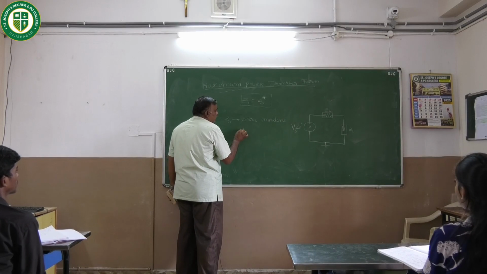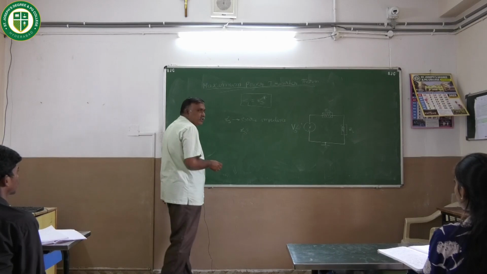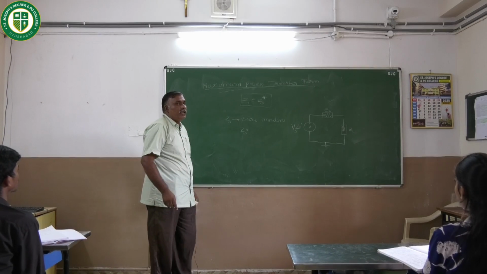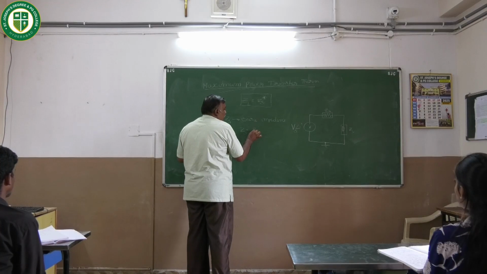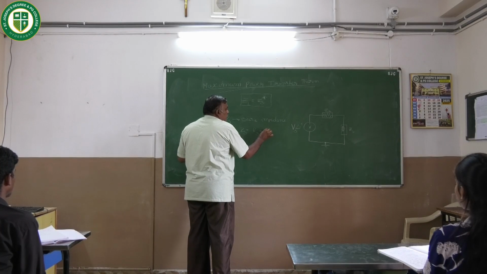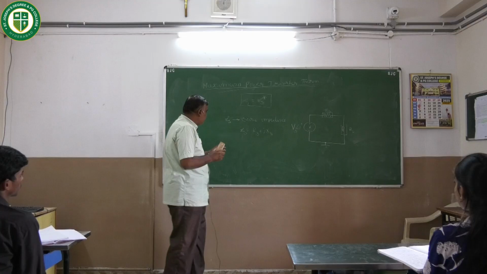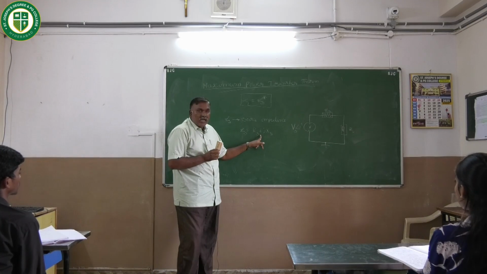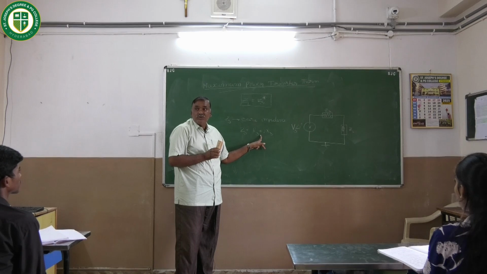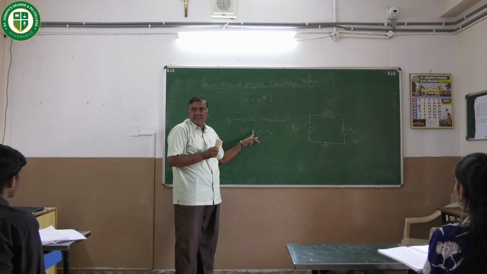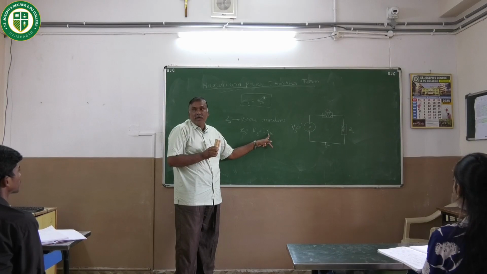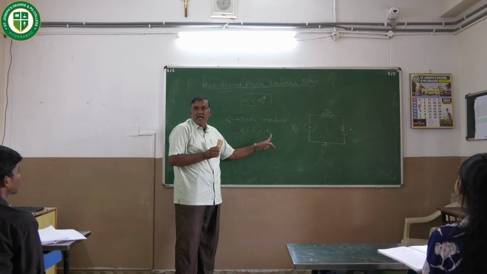You are very clear that Zs is a complex quantity consisting of two terms: one is called the real part, another one is called the imaginary part. So it is going to be Rs plus jXs, the same formula that we discussed, R plus jX. In place of R, I am writing Rs, where S means source and R means resistance, the source resistance. In place of X, I wrote Xs, where X means reactance and S means the source reactance.